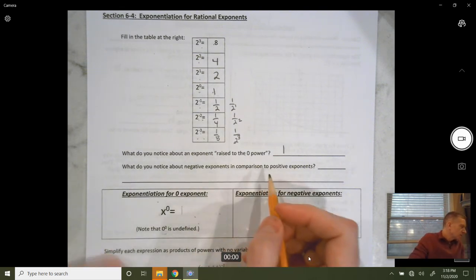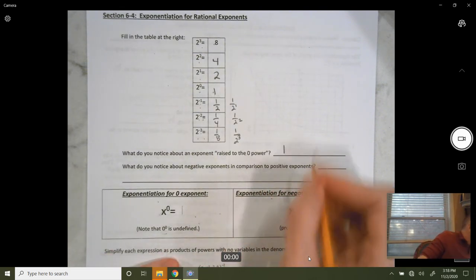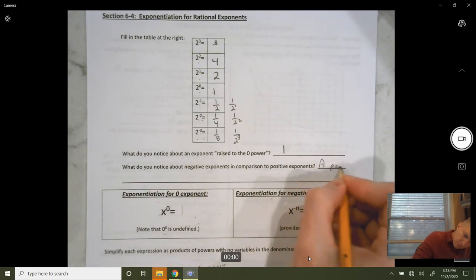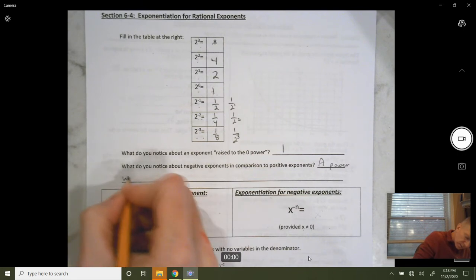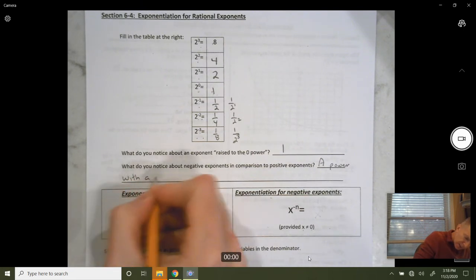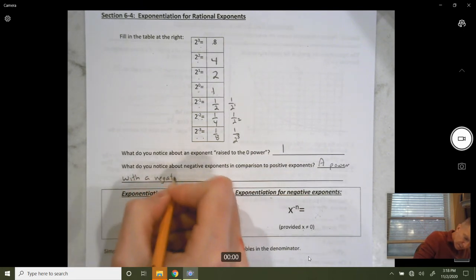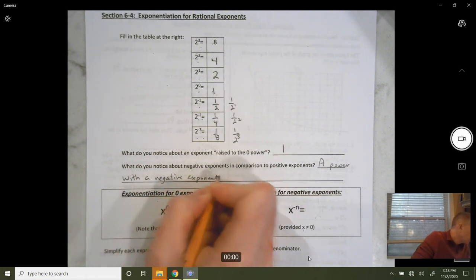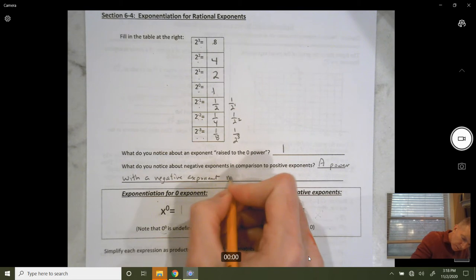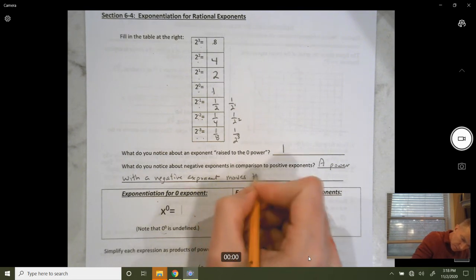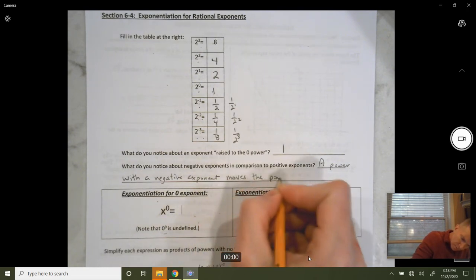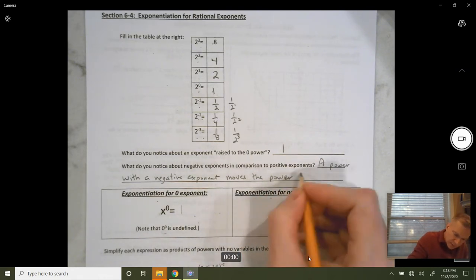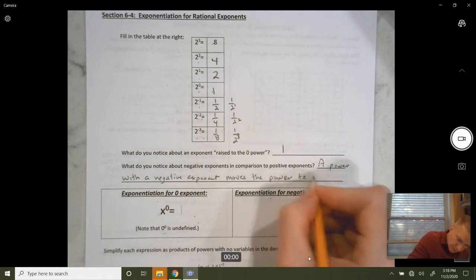Okay, so what we're going to say is that a power with a negative exponent moves the power to the denominator, if it's in the numerator.